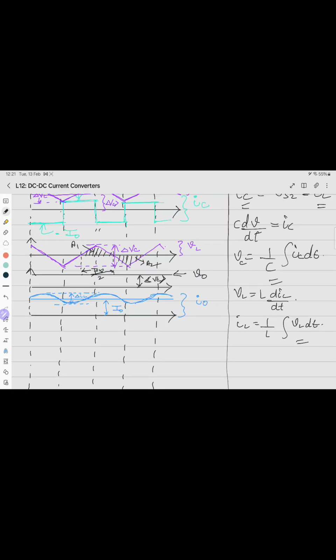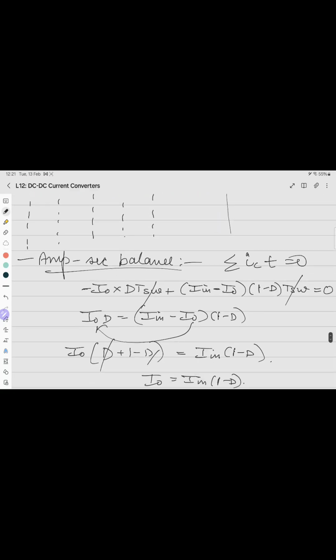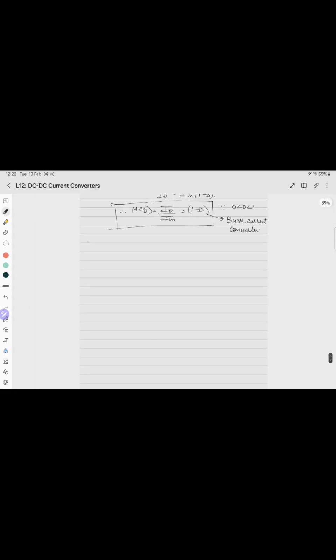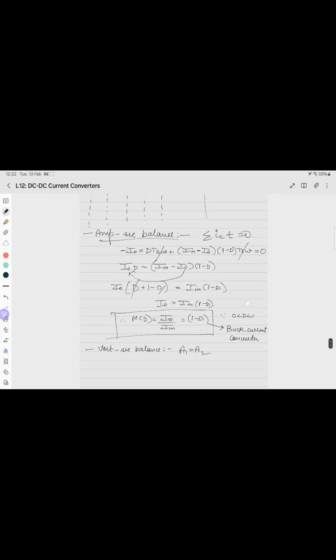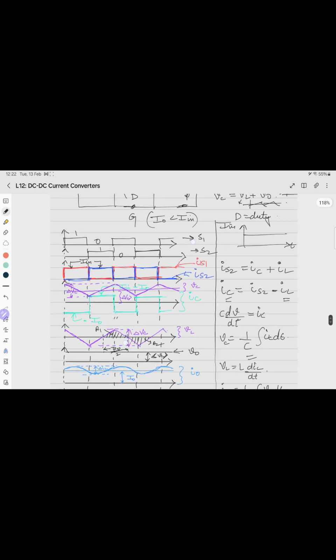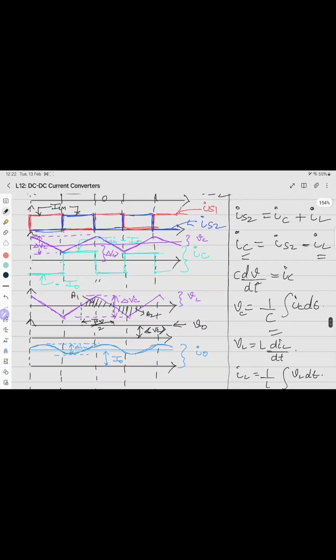This will be T switching by 2. So A1 equals A2 for the volt second balance. A1 equals A2. Then I will write this as A3.